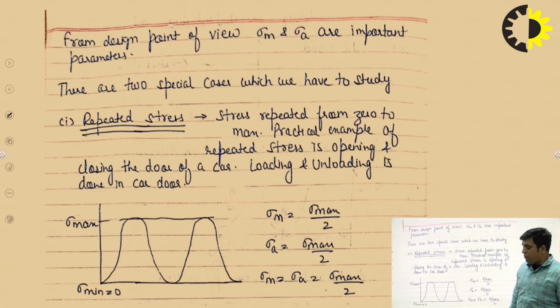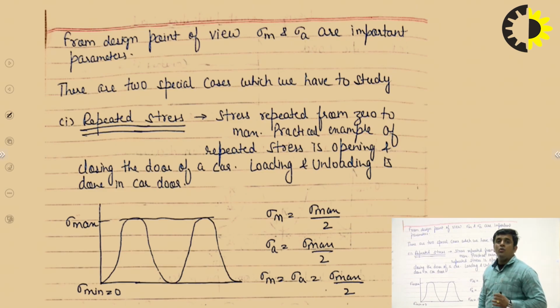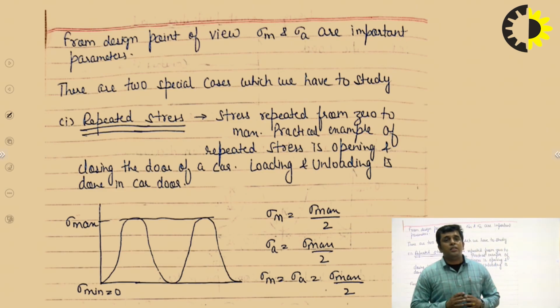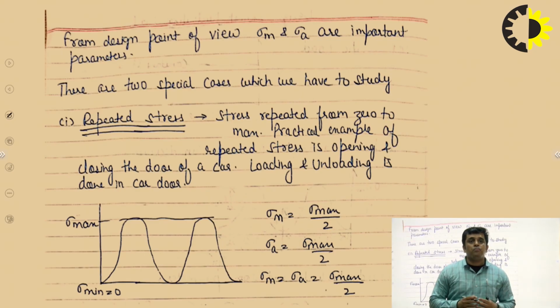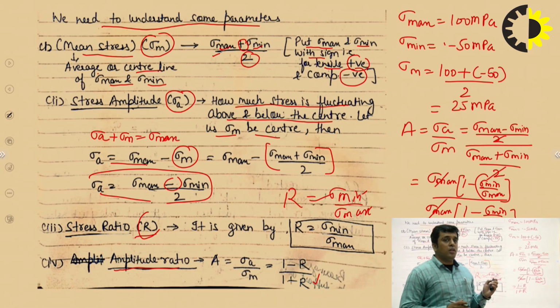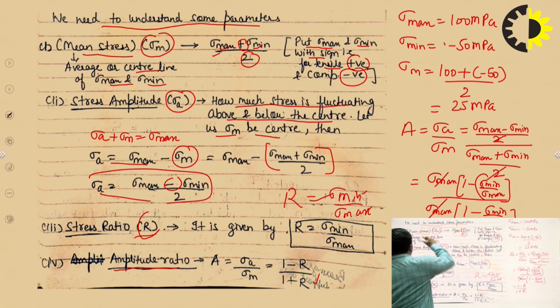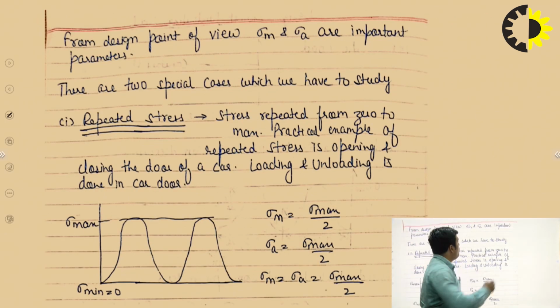Now, as we are discussing the design against fluctuating load, from the design point of view, two parameters in these 4 parameters, the first and second, are very important.